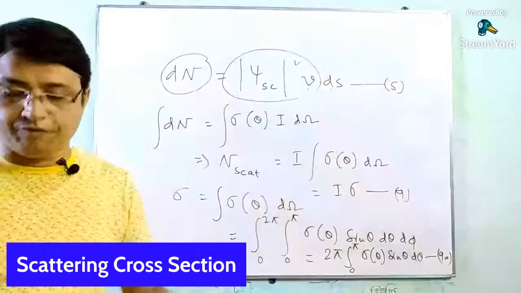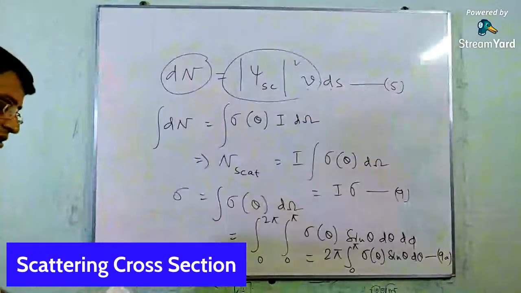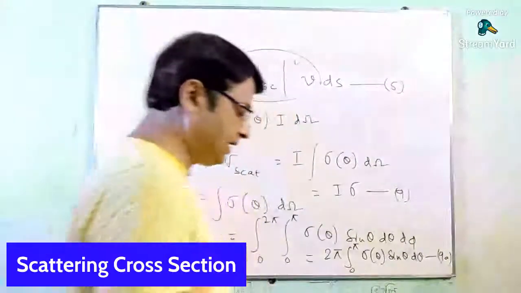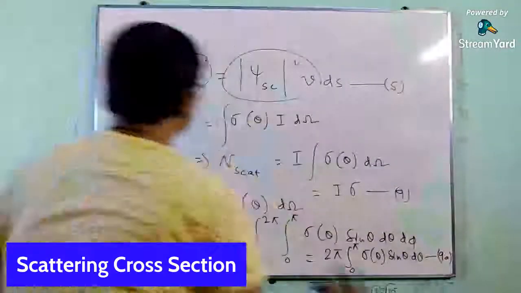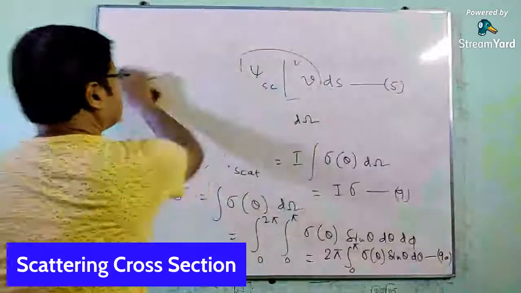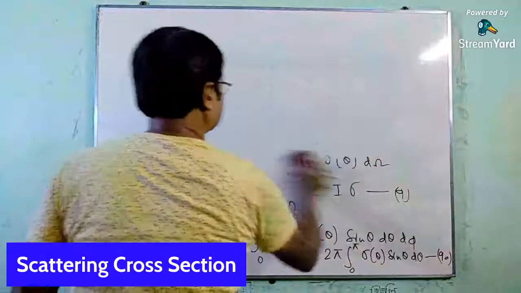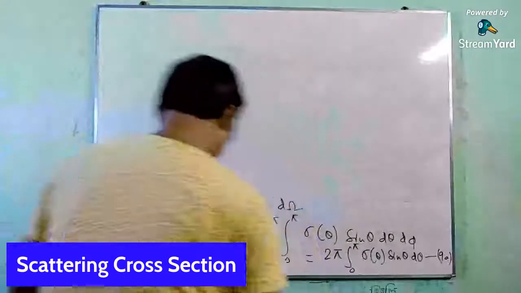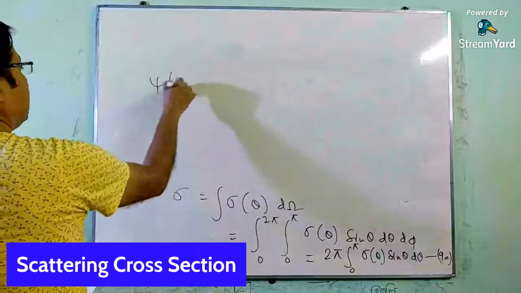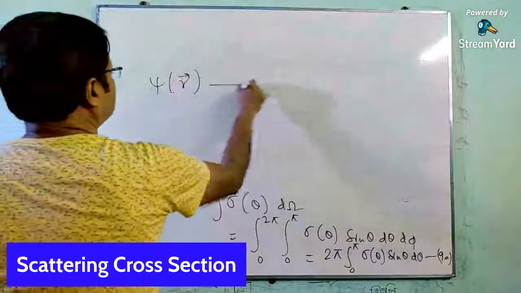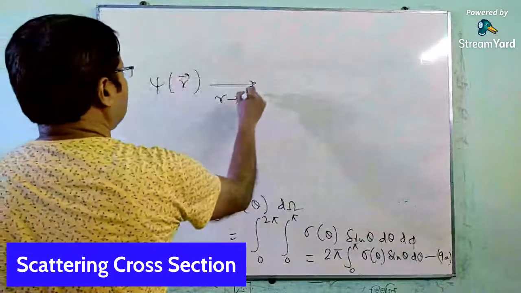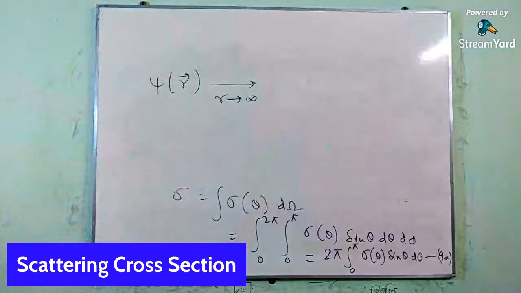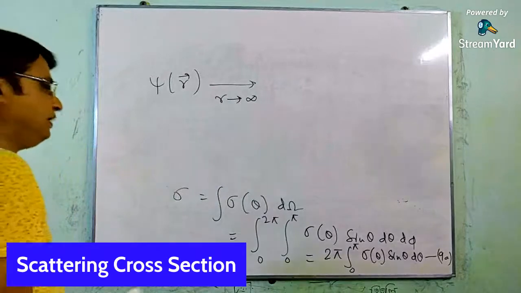The asymptotic form of the solution of equation 2 becomes psi(r), at a large distance from the scatterer, that is from the target, for r tends to infinity.